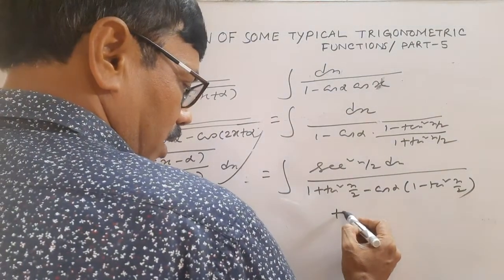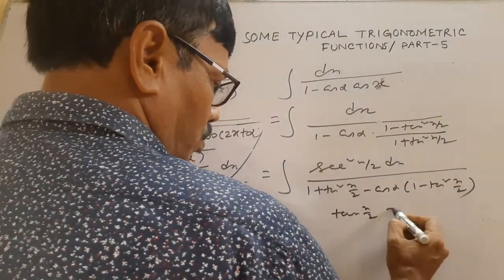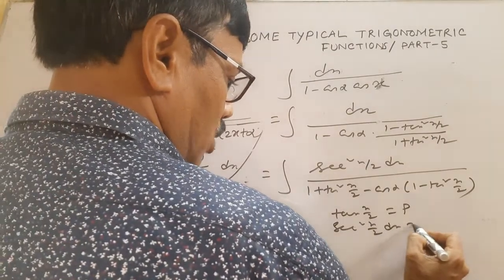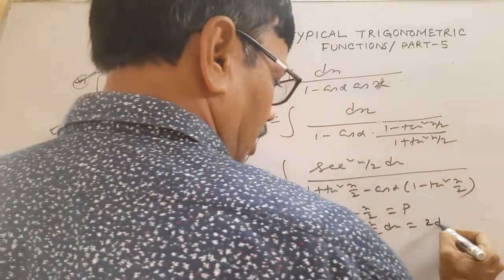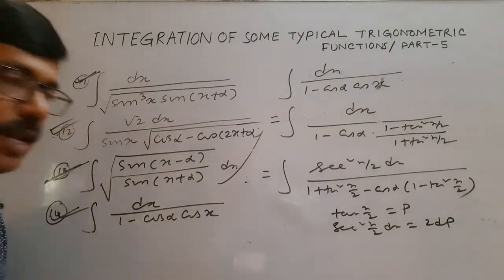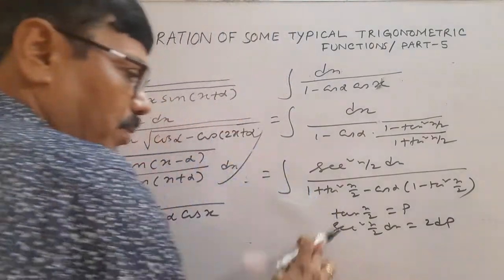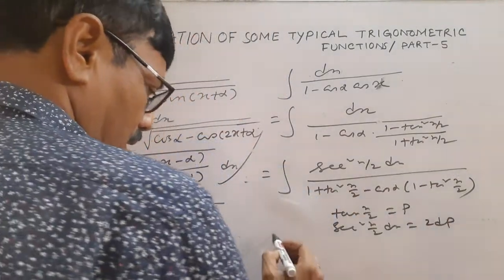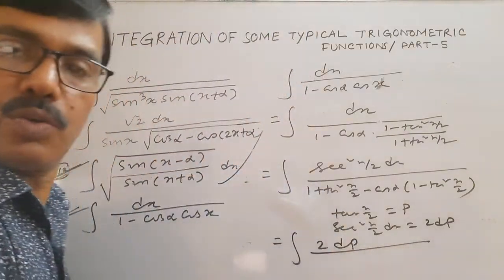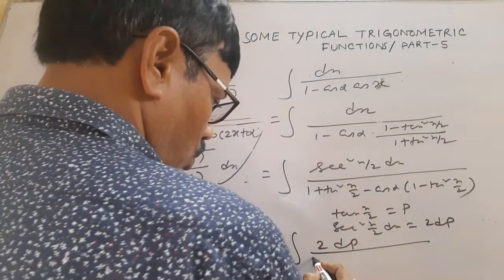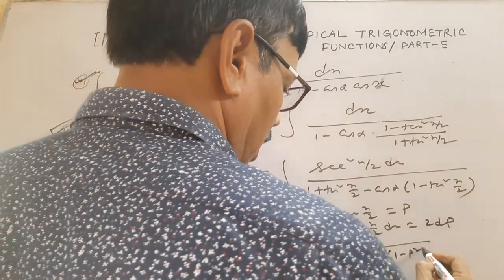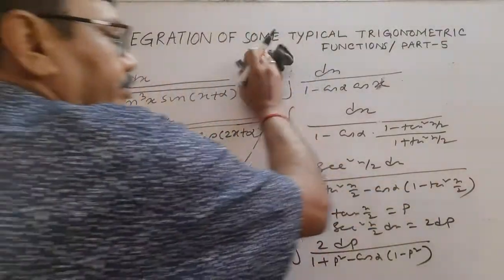So tan x by 2 equals p. So sec square x by 2 dx into half goes to the right hand side, so this is 2 dp. Now this is 2 dp by 1 plus p square minus cos alpha into 1 minus p square.